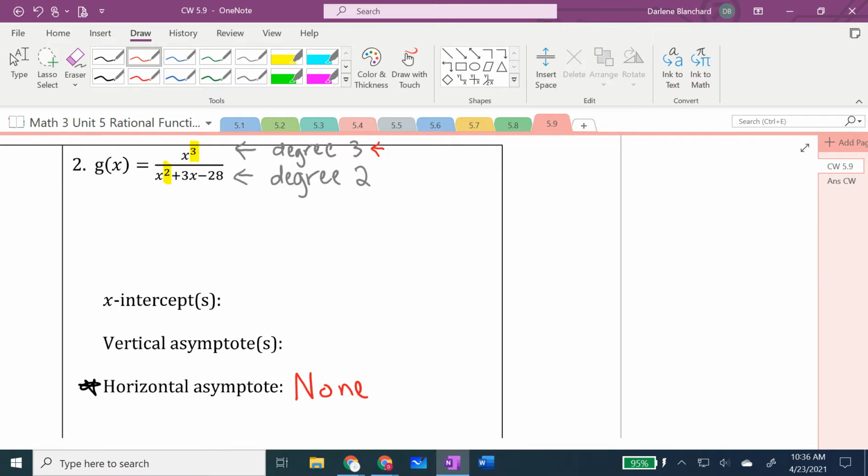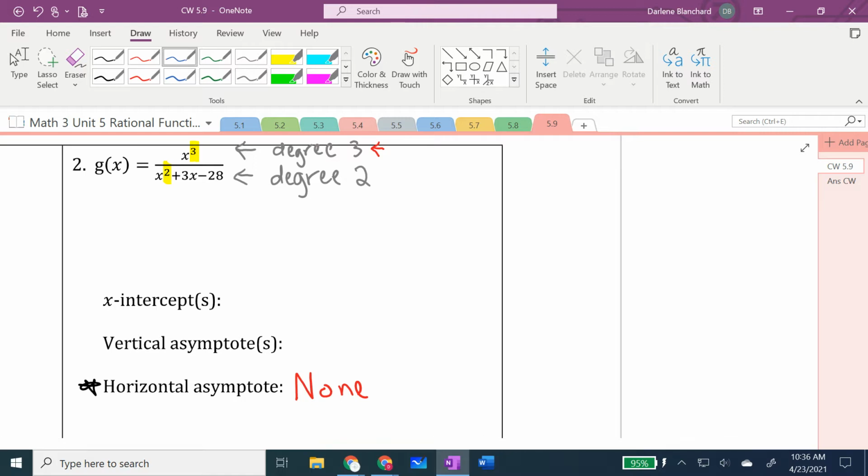The ratio of a bigger degree that's heading to infinity infinitely faster than the bottom smaller degree means that your fraction is becoming a very large number on top compared to the number on the bottom, and that's just heading to infinity, and that's not going to give you a horizontal asymptote. That's going to give you heading up or heading down, but not heading out to a flat line.